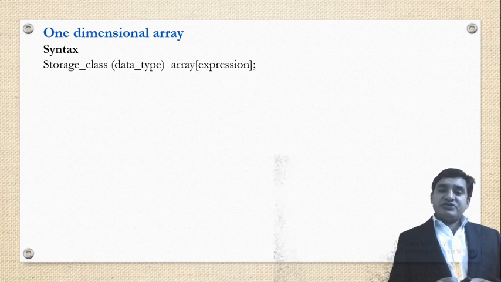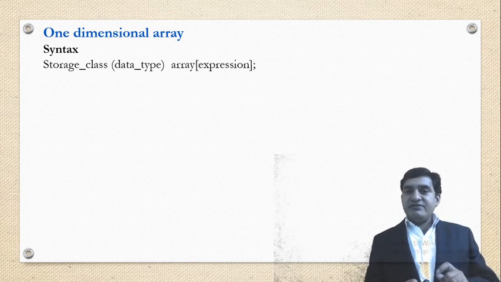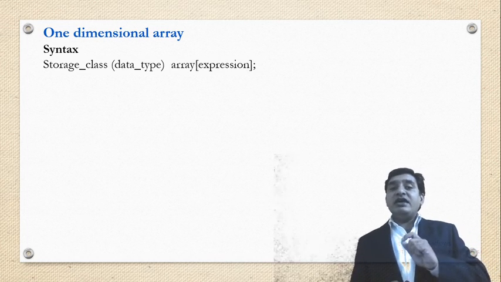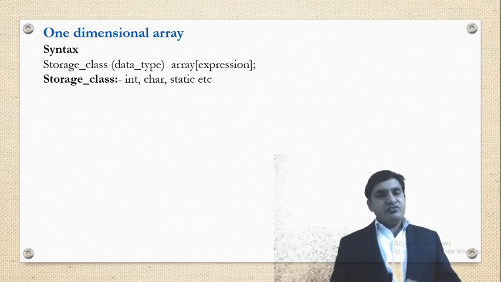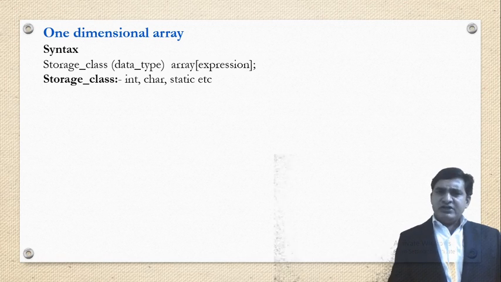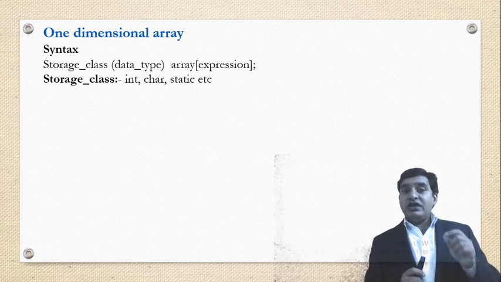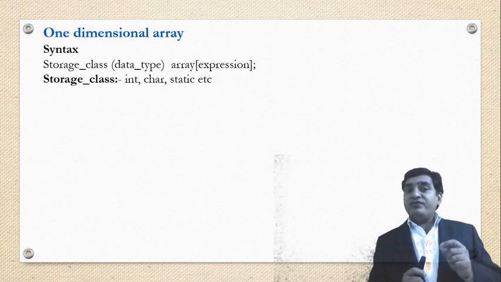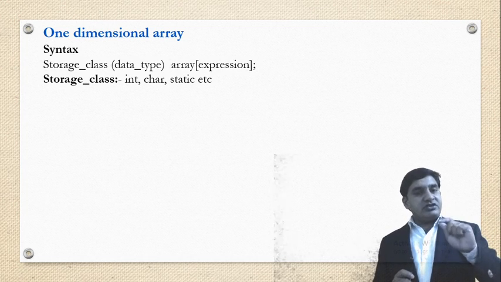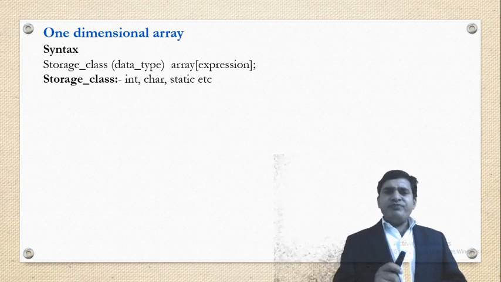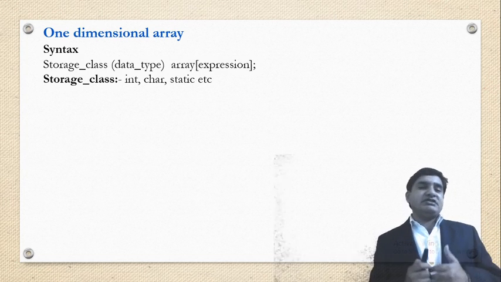Now, the one-dimensional array. The syntax of a one-dimensional array is first the storage class, which means the data type, then the array, and then the expression. Here, the storage class is a data type such as integer, character, or float. If the variables are integer, we use the integer data type. If the variables are character, we use character as the data type.